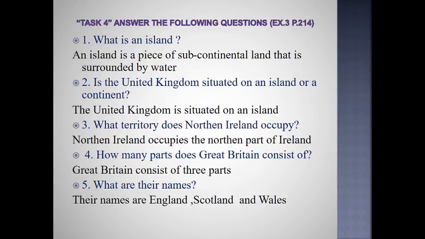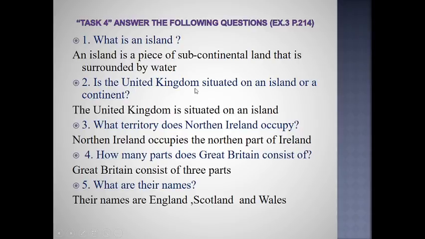Open your books on page 3, exercise 3, page 214. Ask and answer the following question. What is an island? Що таке острів, да? An island is a piece of land that is surrounded by water.